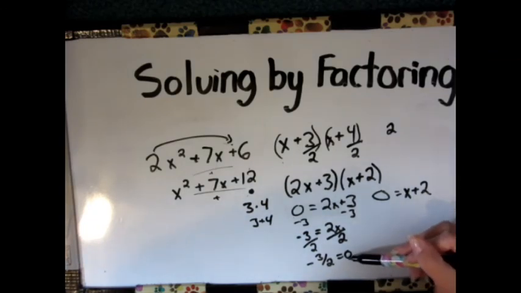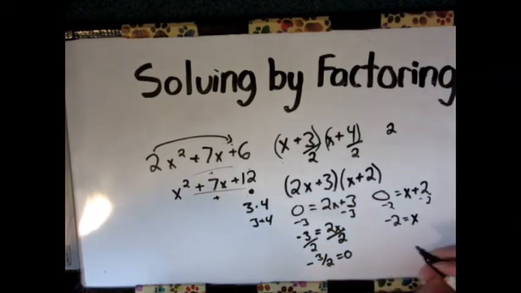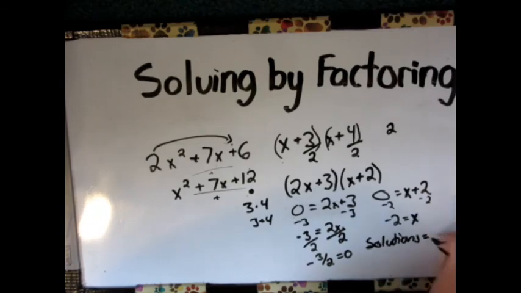Don't worry if you get a fraction, because here you're most likely going to get a fraction as an answer. So the 2 solutions are negative 3/2 and negative 2.